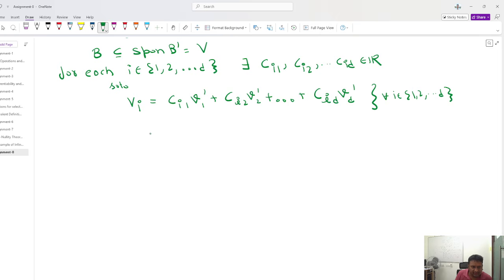So you have this matrix, right? So this A is basically this matrix. So this is row wise scalars, you write it column wise. So first you will write for C1, 1, C1, 2. These are some scalars, right?